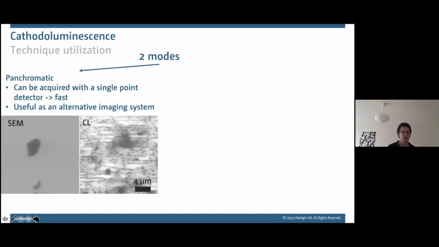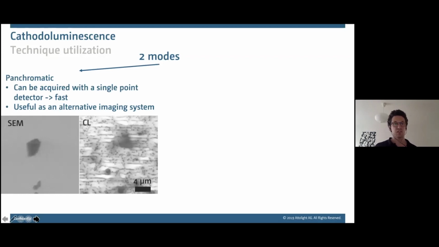The first mode is panchromatic. Basically, you take all the light you can, shoot it at a detector, and as a function of where you're rastering your electron beam, you record a signal. If I compare the two images, you can see that there's really a wealth of information that can be gathered already from this.